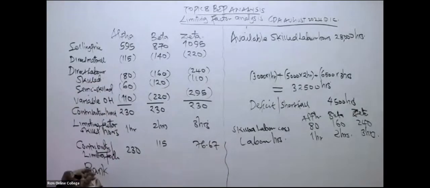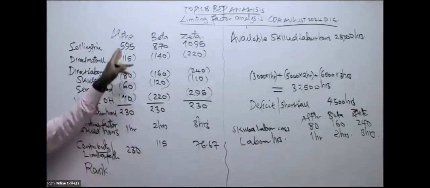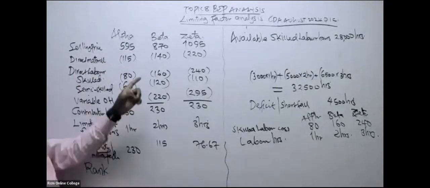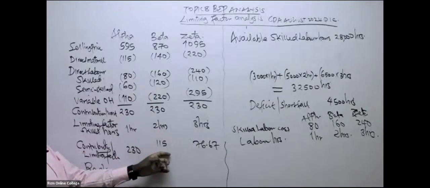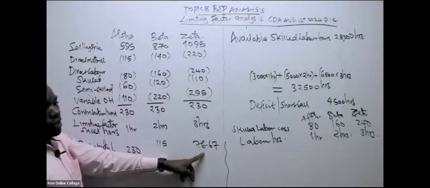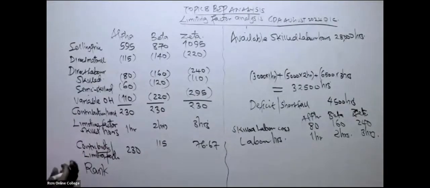So if I use 1 hour to produce alpha, I'll be getting 230 as the benefit. If I use the same hour to produce beta, I'll be getting 115. The same 1 hour to produce zeta, I'll be getting 76.67. So which one is the most profitable out of the 3?